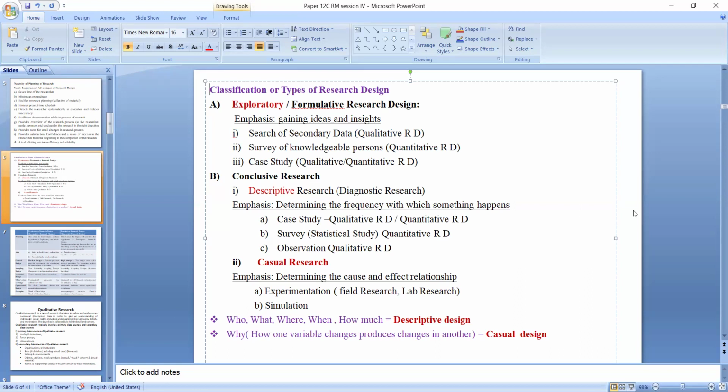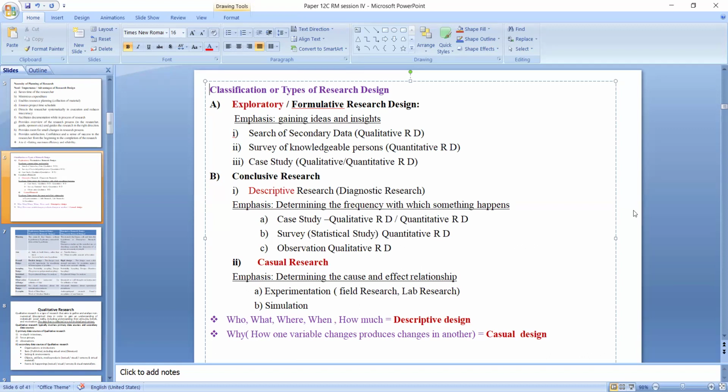So now how this exploratory research is done? You can explore the secondary data. When you explore secondary data, that means you read the matter in the books, research papers, encyclopedias, indexes, and number of other material, printed or otherwise, and you analyze that, go into the deep.